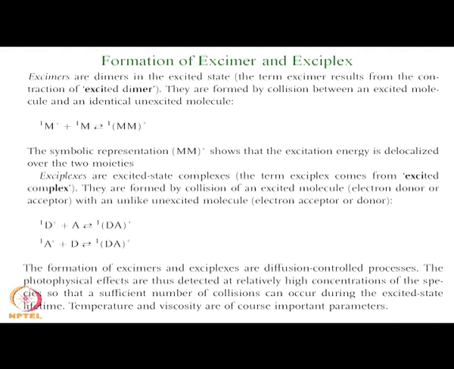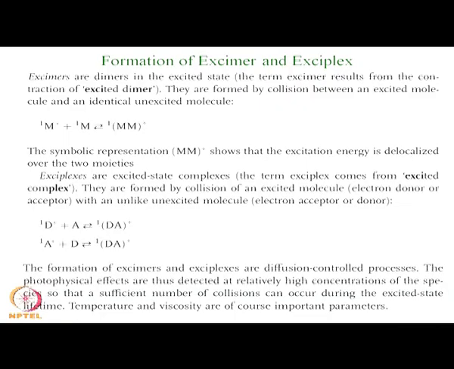The formation of excimers and exciplex are diffusion controlled processes. So, that means these two entities should come close to each other for the interaction, and then either the excitation energy is delocalized between M prime and M, or the charge is transferred from the donor to the acceptor.